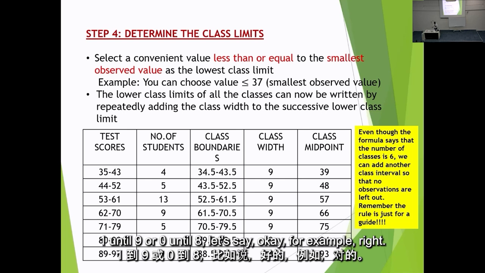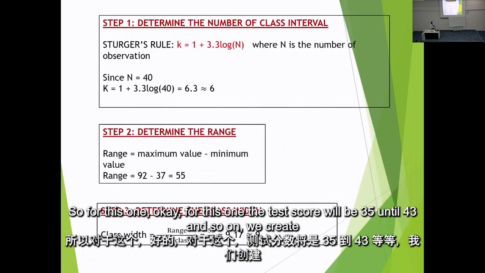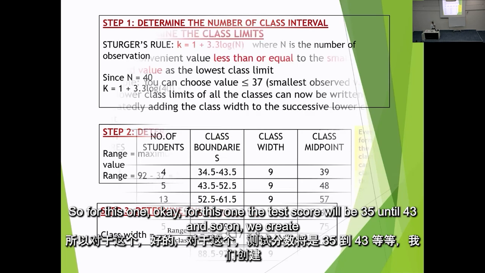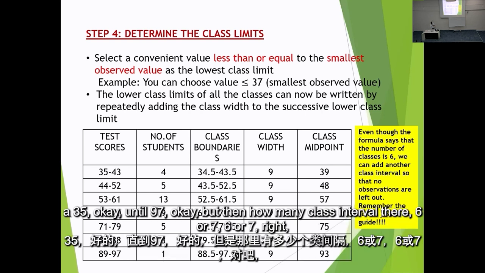For this one, the test score will be 35 until 43, and so on. We start with 35 because the smallest is 37, but we start at 35 until 97.